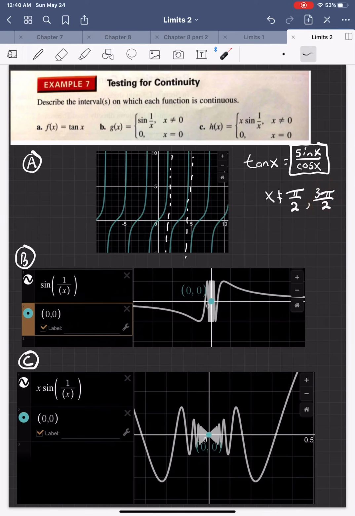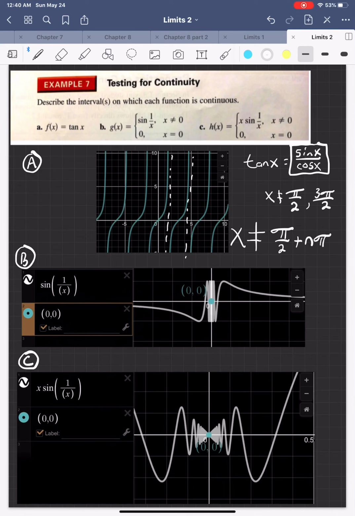In fact, we have all of these multiples. So we can say that in this case, we'll just state what x cannot be to answer part A. x cannot equal any angle of the form pi over 2 plus n pi.